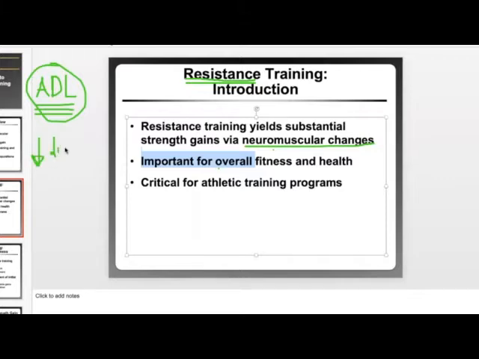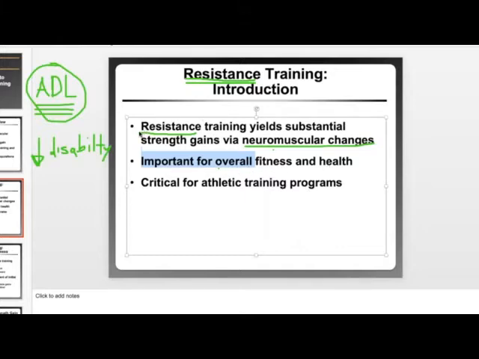And the way to do that is to make it so that people can function and be able to perform as they need to in society. All right, so what we want to do is make sure not only are we advocating for resistance training for athletes, but it's critical for the overall development and fitness of our populations.